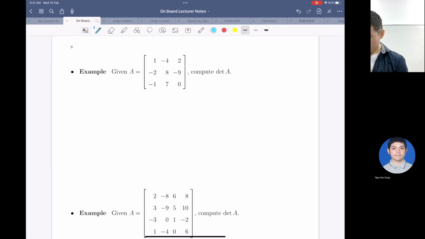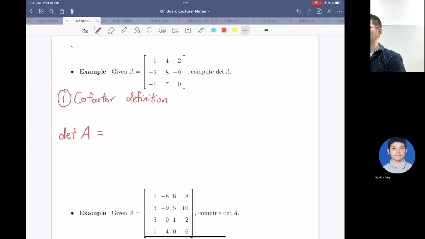First is from the definition, the cofactor definition. If we come from the cofactor definition, what we can do is choose to expand along one row or one column first. So for example, in this case, which column should we follow? What is the least work to do?